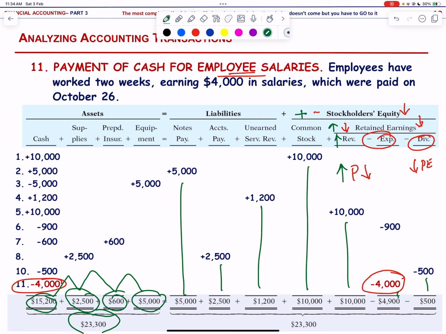So now if you sum up the liabilities and the stockholder equity, you can see that the two totals are equal. If they are not equal, there is a mistake in recording the transaction. So this completes our discussion on analyzing accounting transactions, and this is the first video on accounting information system.